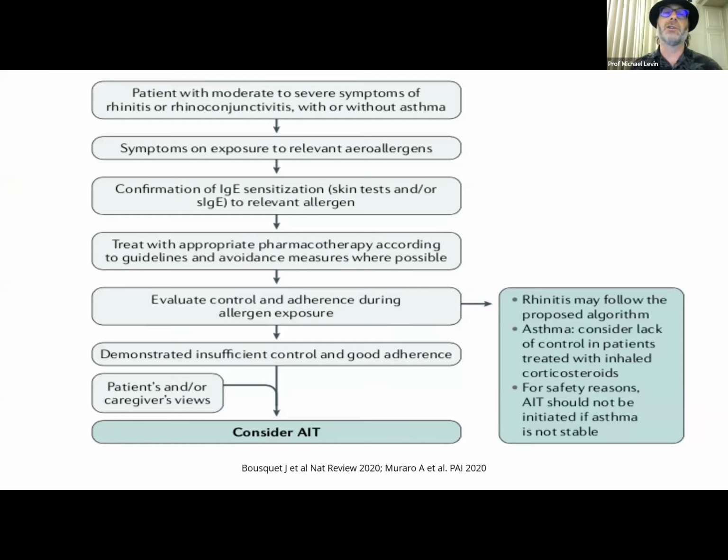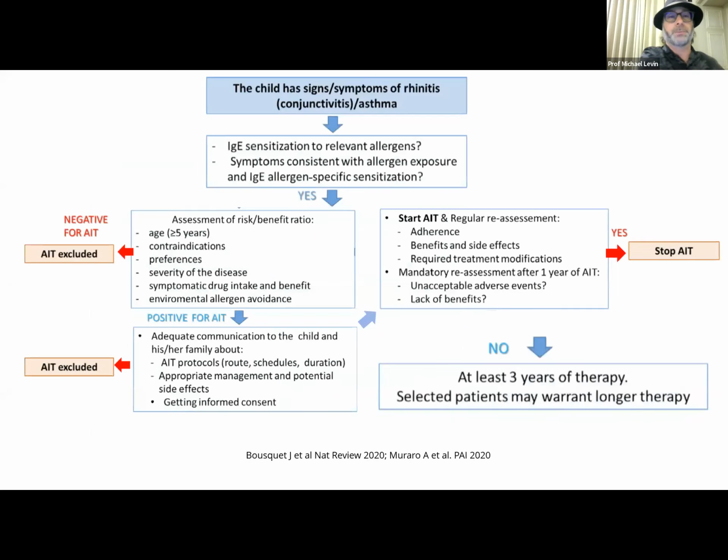You're going to make sure that your diagnosis is correct, that you've confirmed sensitization to relevant allergens, because you need this to determine which allergen you're going to use for allergen immunotherapy. That the person has been treated in the ways that I've described with appropriate pharmacotherapy, that they're avoiding their allergen where possible, that they've got ongoing symptoms with poor control despite good adherence, and only at that stage are you going to consider using allergen immunotherapy.